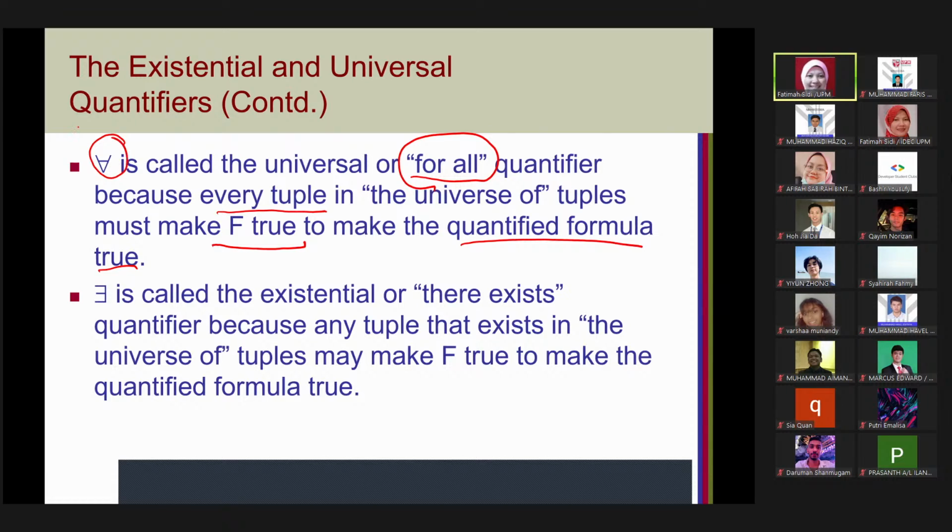But if it is only there exists, we use the existential quantifier, that is this one. Existential means any tuple that exists in the universe of tuples that makes F true makes the quantified formula true. So the keywords here are for all and there exists.